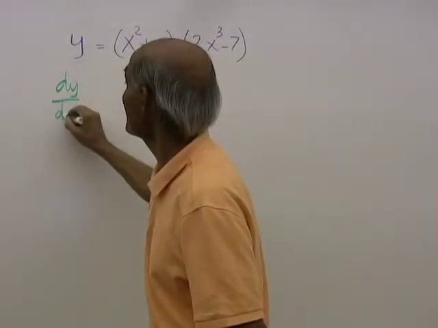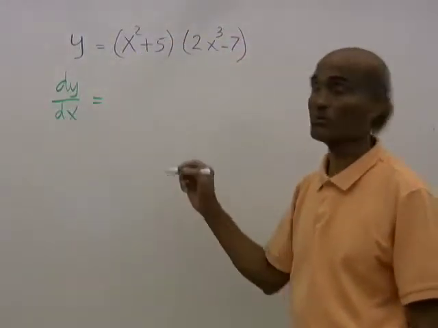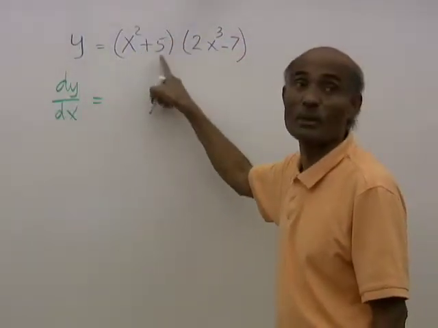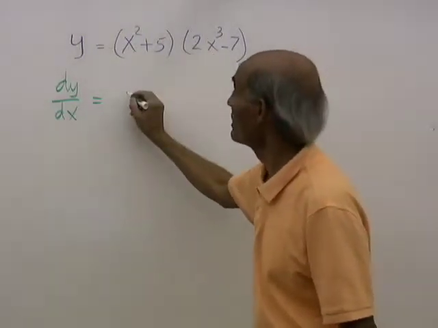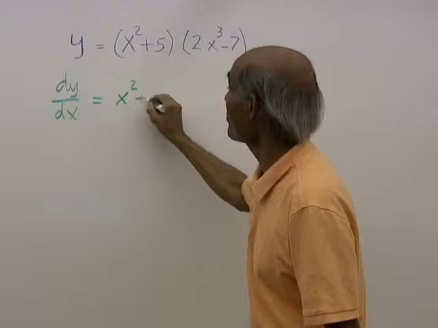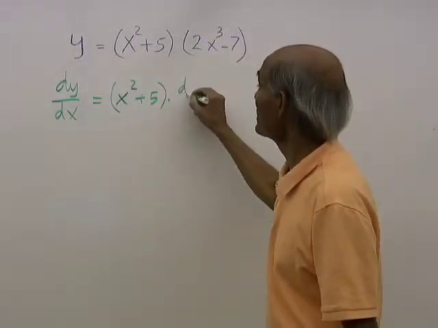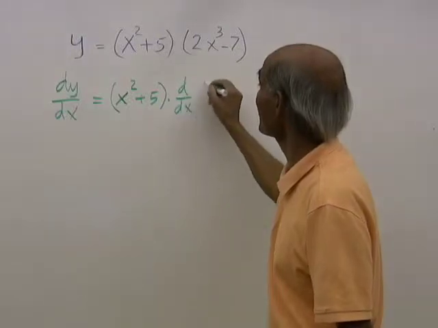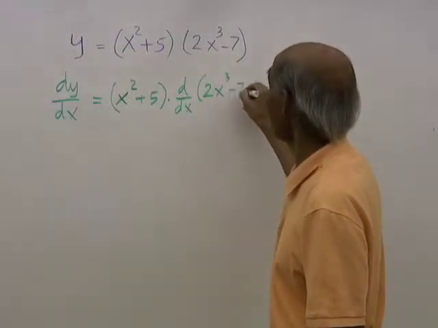So we have dy by dx equal to, how do you apply now the rule? The first function multiplied by the derivative of the second function. So that will be x squared plus 5 multiplied by d by dx of 2x cubed minus 7.